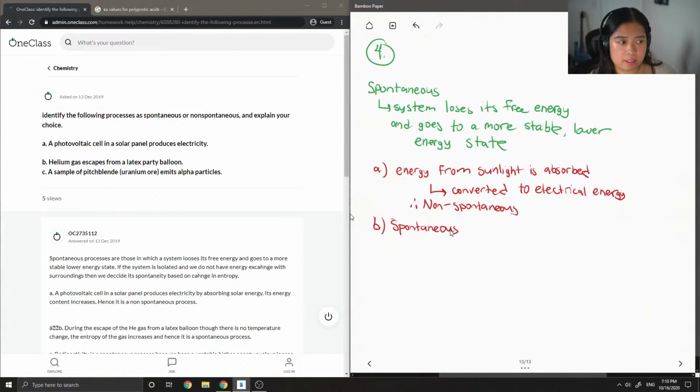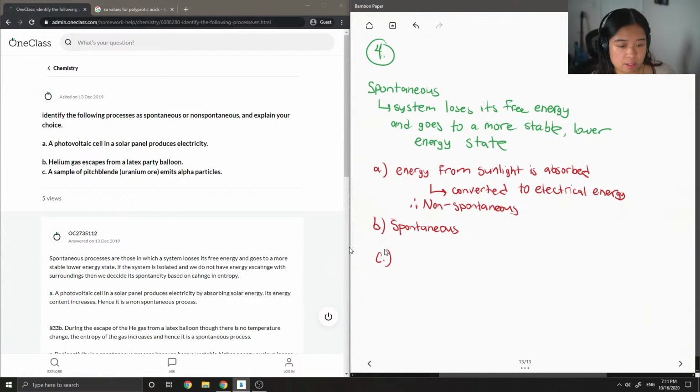And then once the party balloon has a hole in it, the pressure starts to be relieved. So this process is spontaneous because systems always want to go from a high pressure to a lower one. So that's why B is spontaneous.